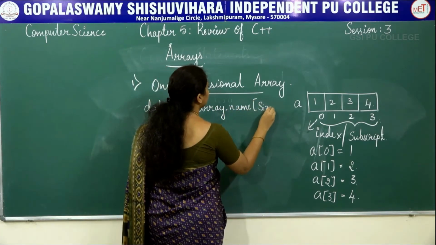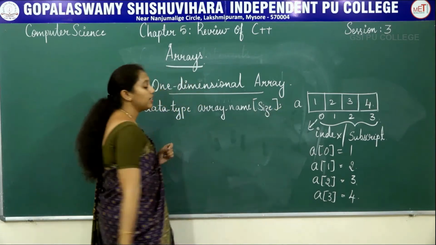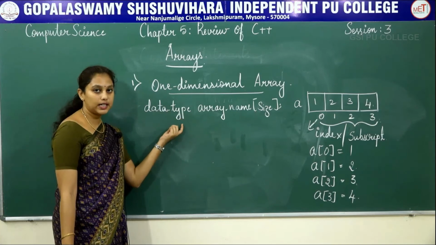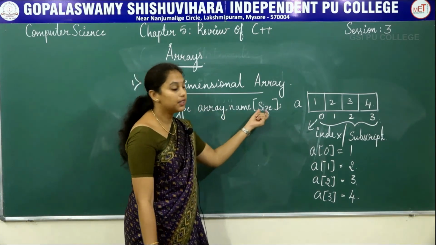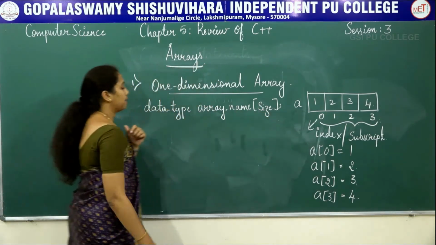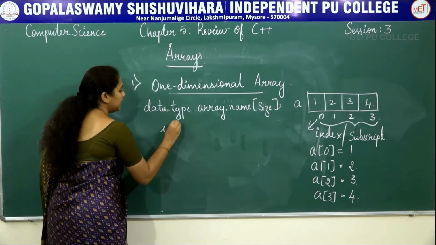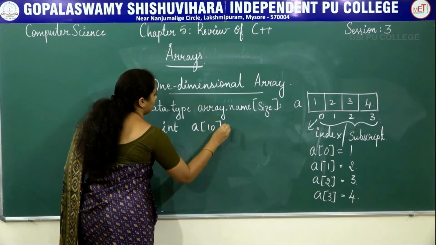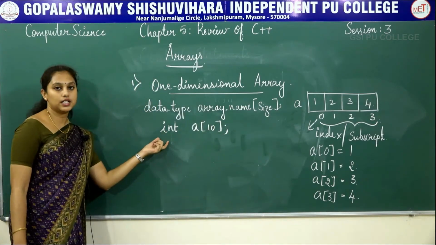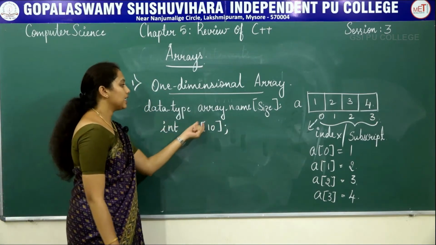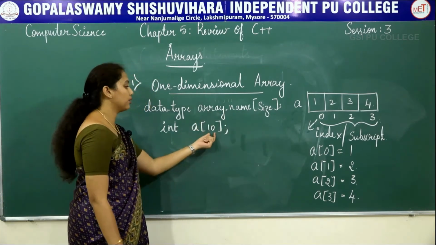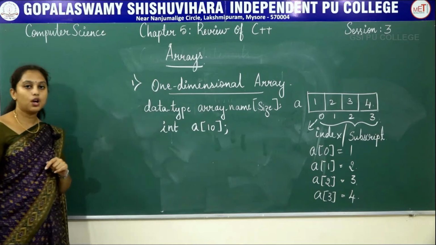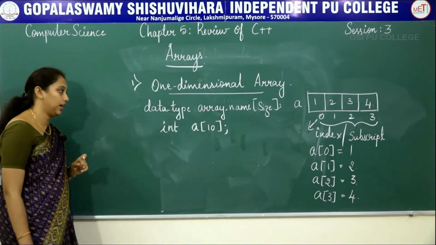First you mention the data type, next the array name, then the size. An example is int a of 10. Here int is the data type, a is the array name, and the size of the array is 10.